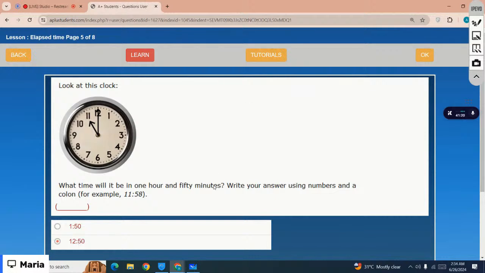Option number 2 is the correct option. Okay, you can complete the lesson by yourself later today. Let's just move on to the next lesson.